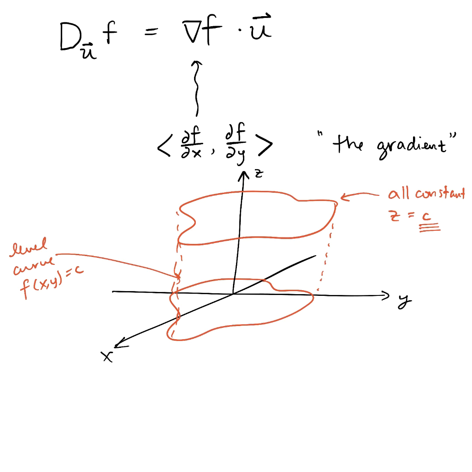Okay, now let's think about what this has to do with the gradient. So if you were interested, say, in this point x comma y right there, flat in the xy plane, then this would be the point you get out when you plug it in on the actual surface. And here's the key point.